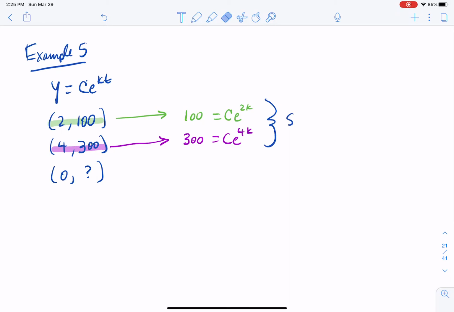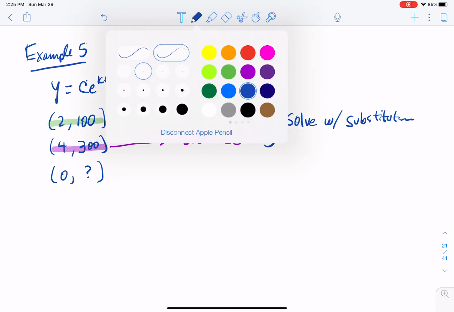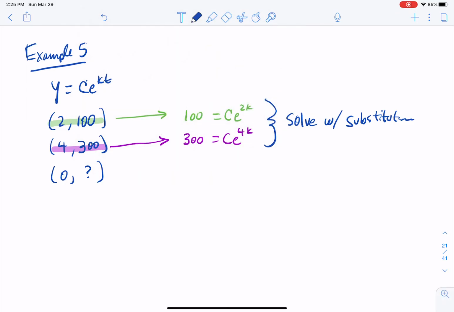For the rest of this problem, we're solving a system of equations, and we want to solve that system with substitution. It may have been a minute since you've solved such a system by substitution, like exponential ones anyway. The suggestion here is to take one of these equations and solve it for c, and then plug that into the other one.